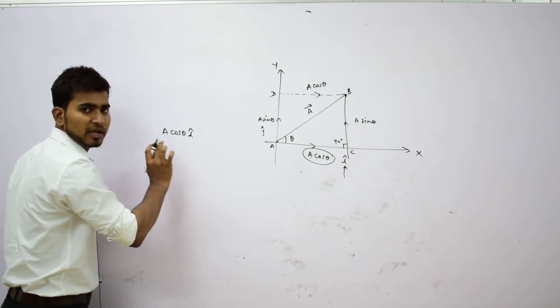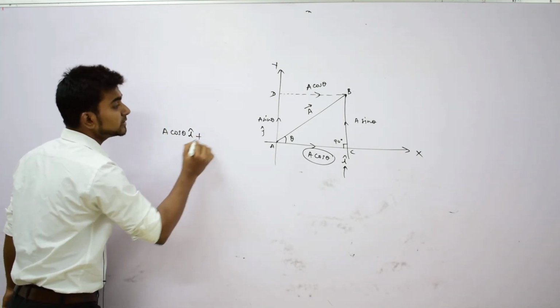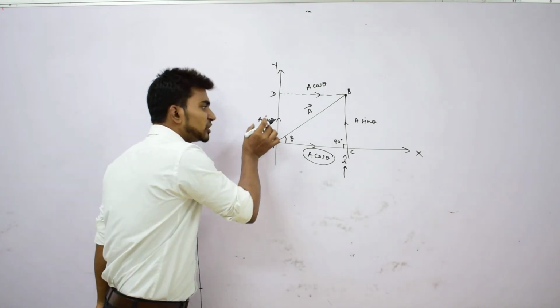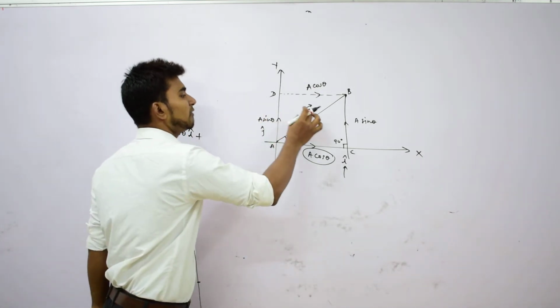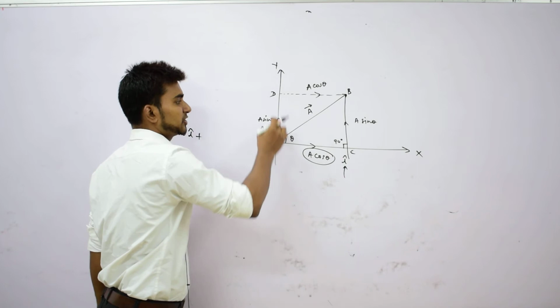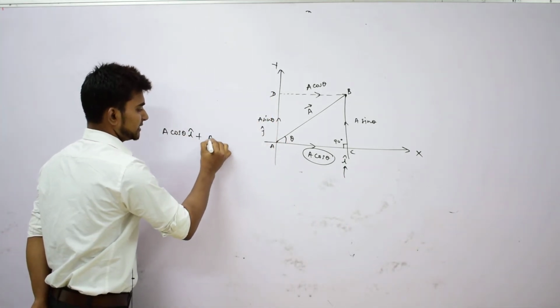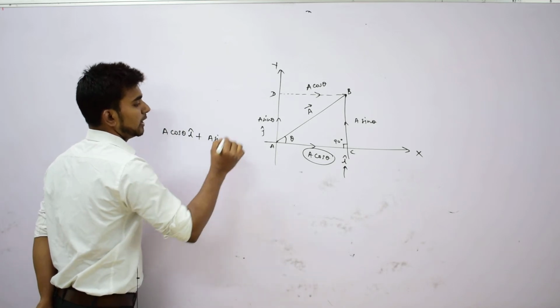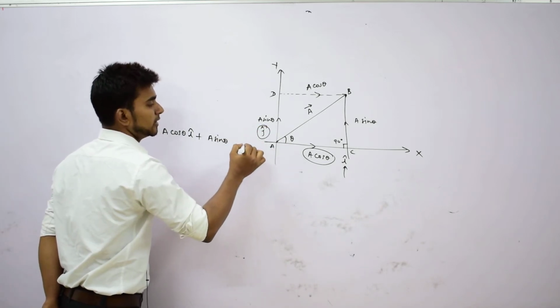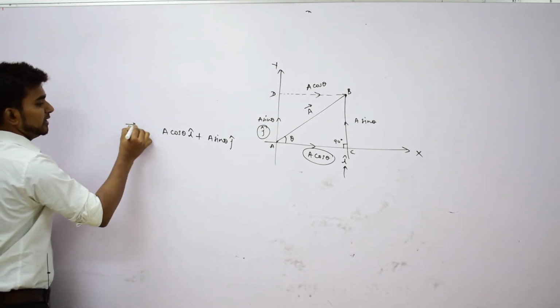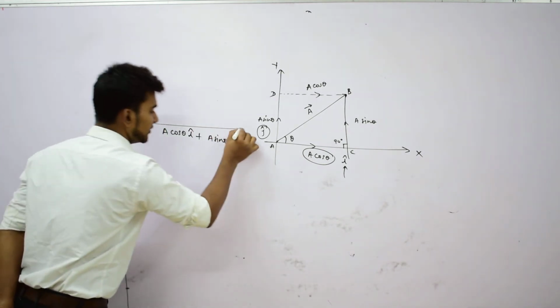So the complete term will be A cos theta I cap plus A sin theta, which is the projection or magnitude of this vector in the vertical or positive y-axis direction. A sin theta is the magnitude and the directive vector is J cap. Now our vector can be represented in this format.